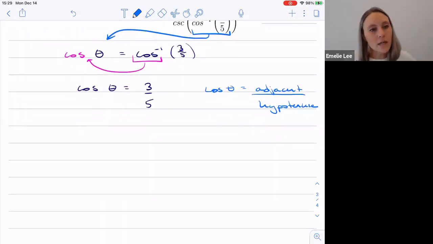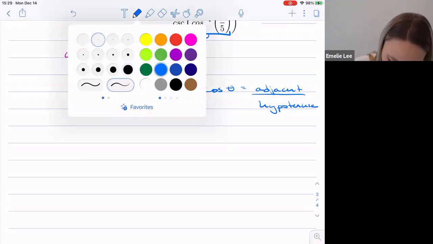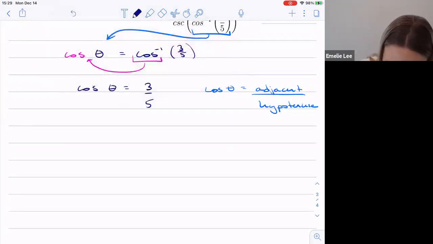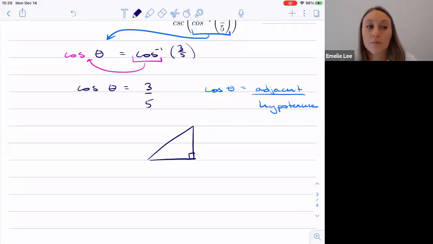It doesn't really matter what you make your triangle look like, as long as you have a right angle triangle, meaning you have a 90-degree angle in there. So I'm just going to draw some sort of right angle triangle.